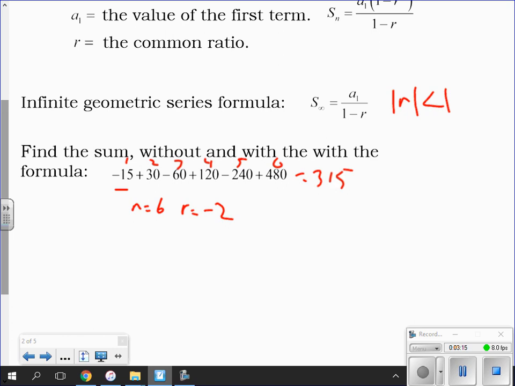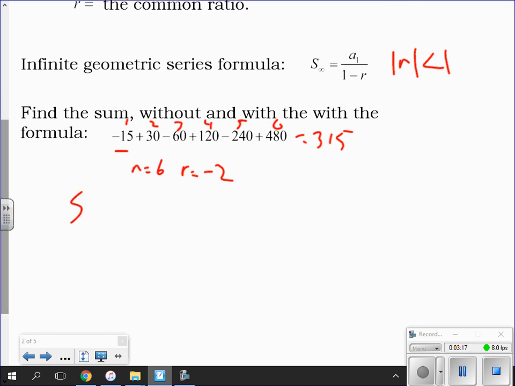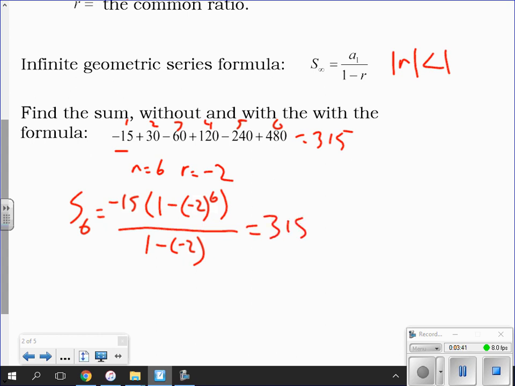So my formula, the sum of the first 6 terms, is the first term, negative 15, times 1 minus r, which is negative 2, to the nth power, which in this case is 6, all divided by 1 minus negative 2. You plug that into your calculator, work it out, and you get 315. Same as when you added it together one term at a time.